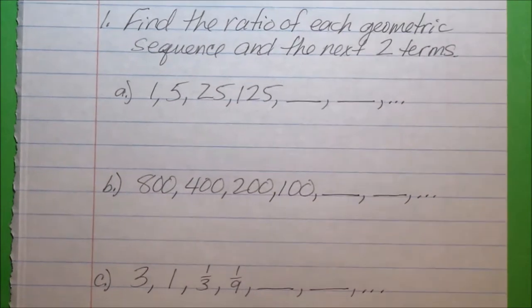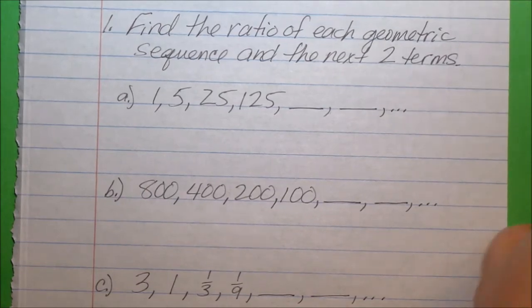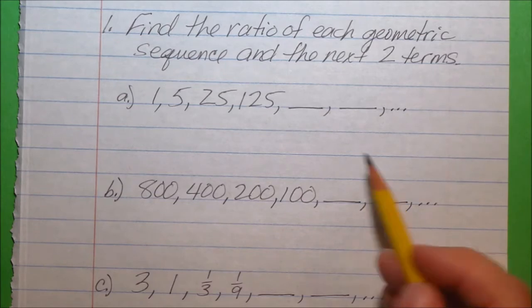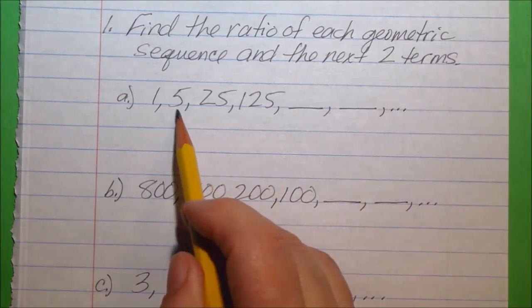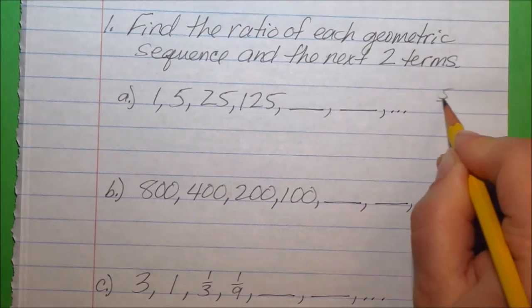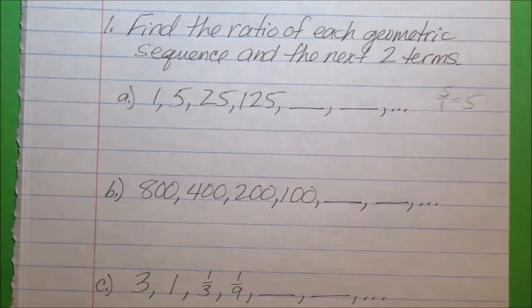So, on the first ones here, okay, on the first one here, we have to first figure out what is our ratio. Okay, so remember, we take any term and divide it by its previous term. So I'm going to take 5 divided by 1, which equals 5. That's my ratio.